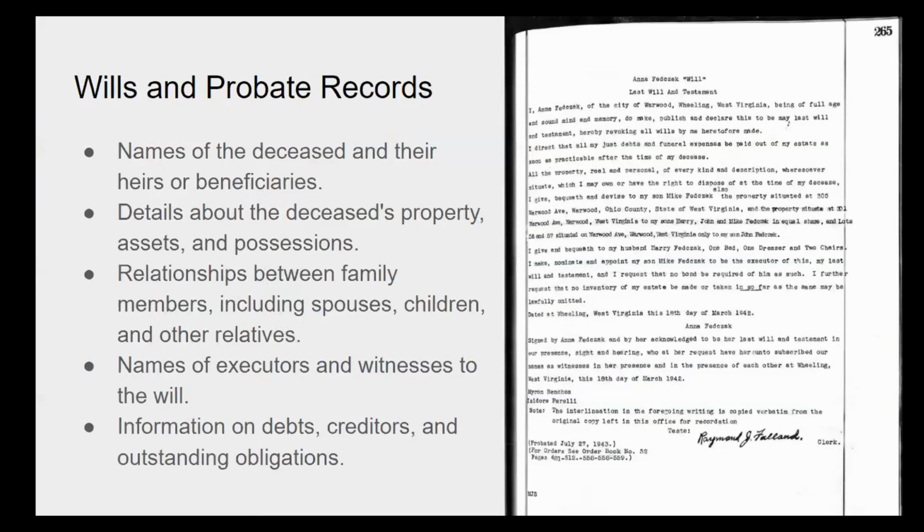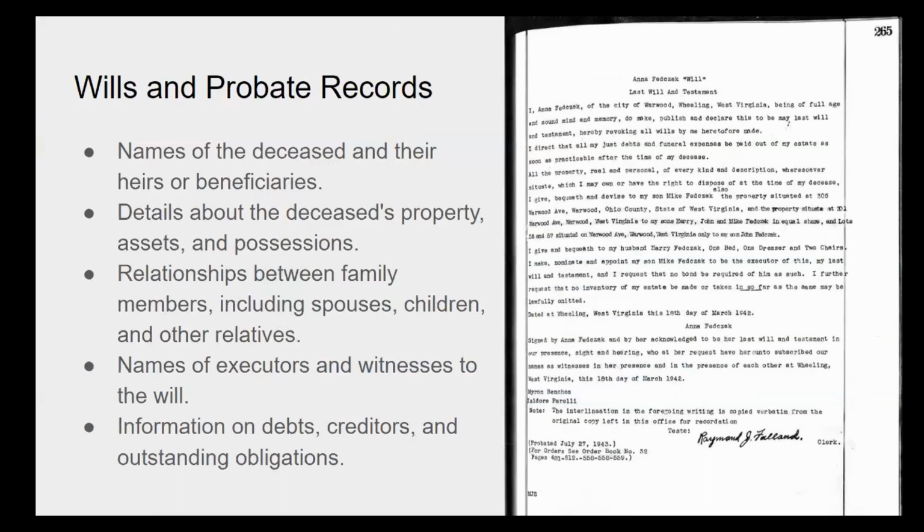So moving on to the last record type that we'll talk about for today, wills and probate records. These are valuable because they'll give you information about the lives, relationships, and the possessions of your ancestors.